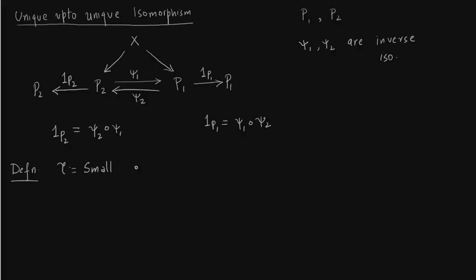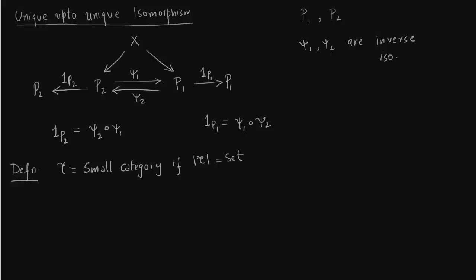Another definition: a category C is a small category when its class of objects is a set. For this course, we will always take categories as small categories. I want to emphasize that we are taking C as a set, not as a class, and that is important.